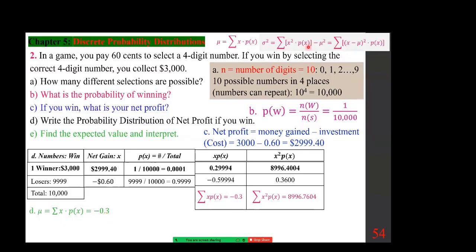Sigma squared has this formula, and sigma is the square root of that. You can use either this formula or this formula, it doesn't matter. So that's why we have this minus mu squared. When we do the math, we end up with this. So, find the expected value. The part that is asking for the expected value, this is it, and you're done.